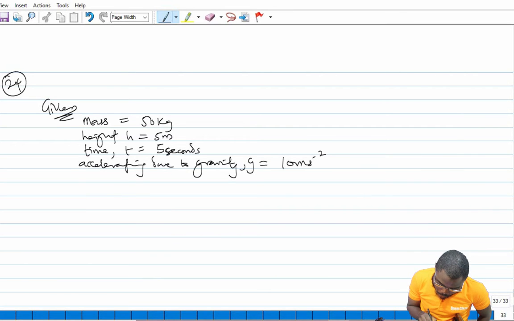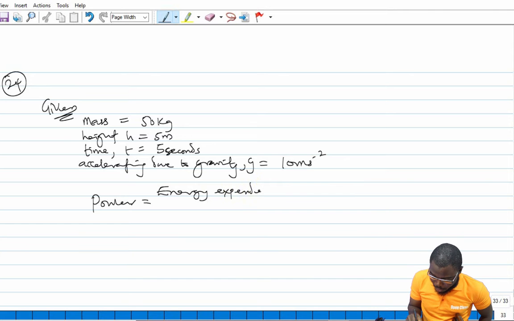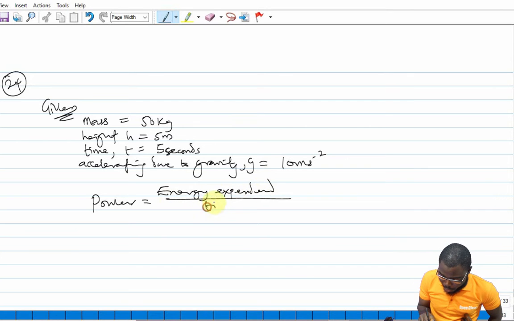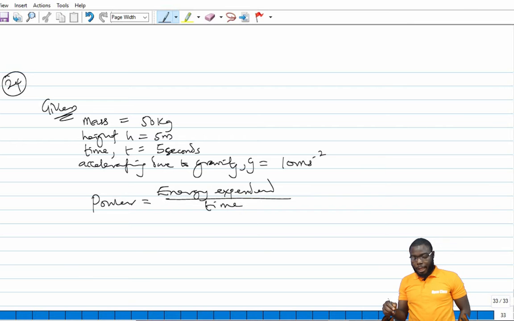Recall that power is rate of work done, which is energy expended over time, or work done over time.